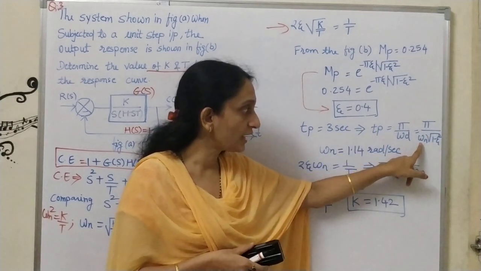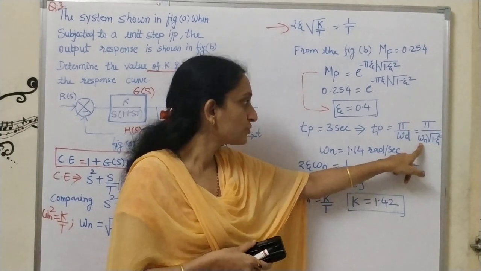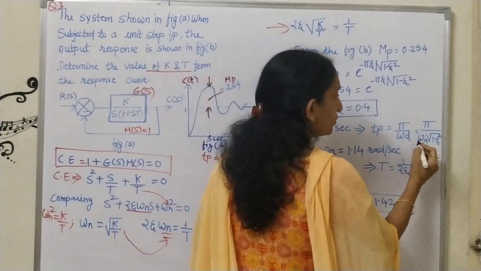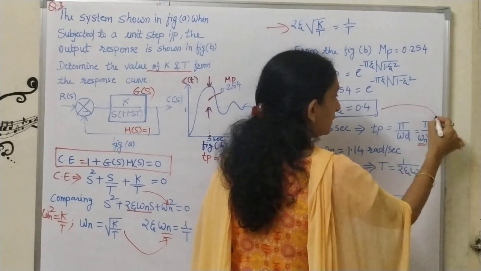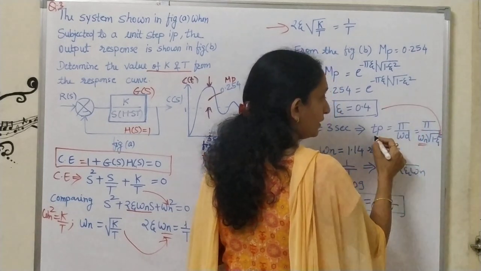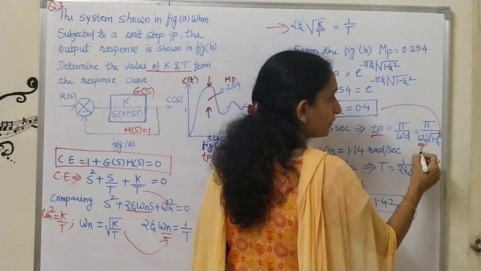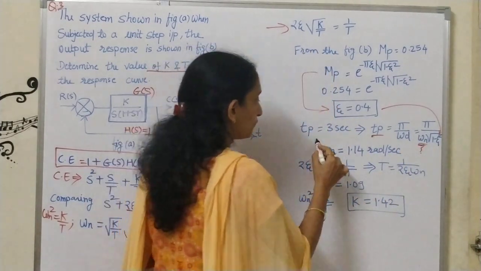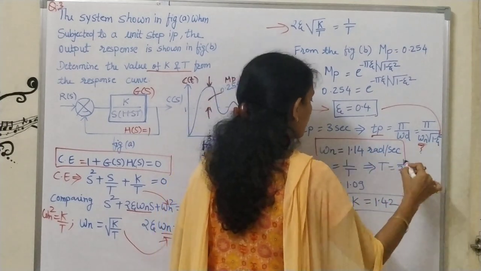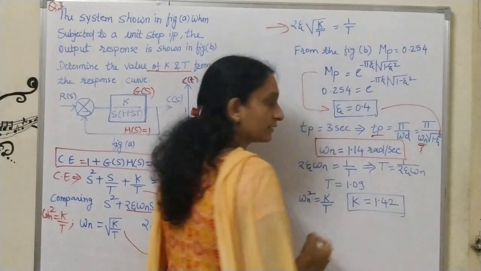We have the value of zeta from the previous equation, and TP is given, so we will calculate omega n. From that we got the value of omega n is equal to 1.14 radian per second.